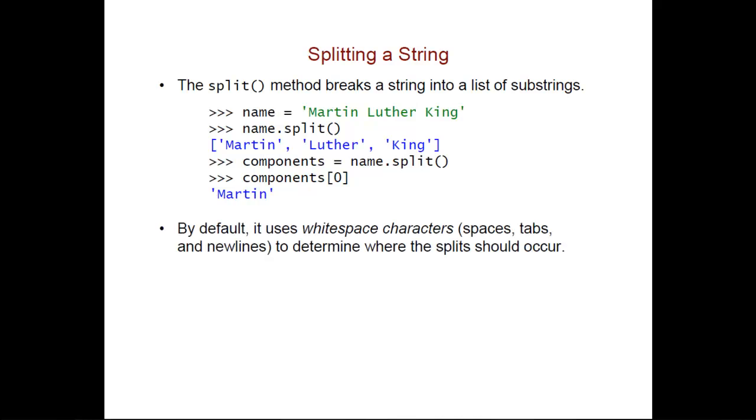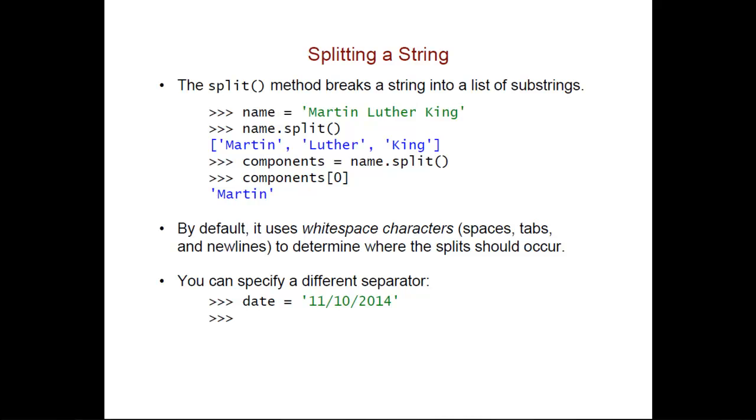By default, spaces are what are used to break up the string, to figure out where the splits should occur. It turns out it's not just spaces, it's also tabs and new lines. Those are all considered white space characters. But it's possible to use a different separator character. Let's say I have a date where the logical separator is a slash.